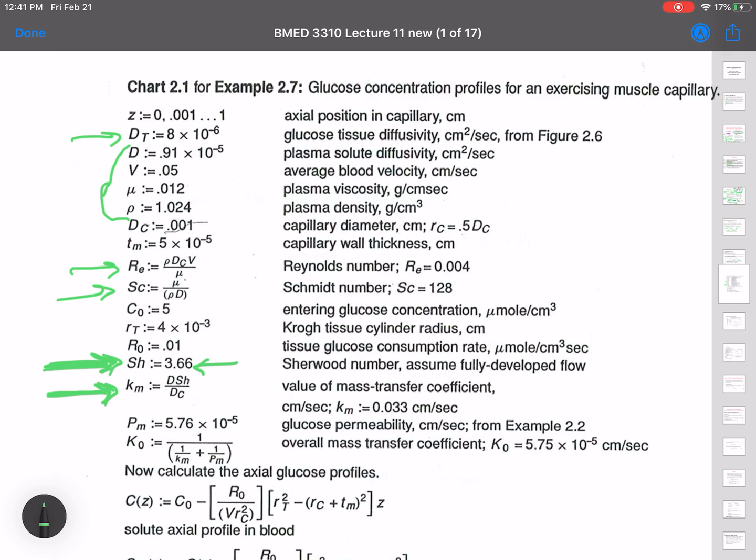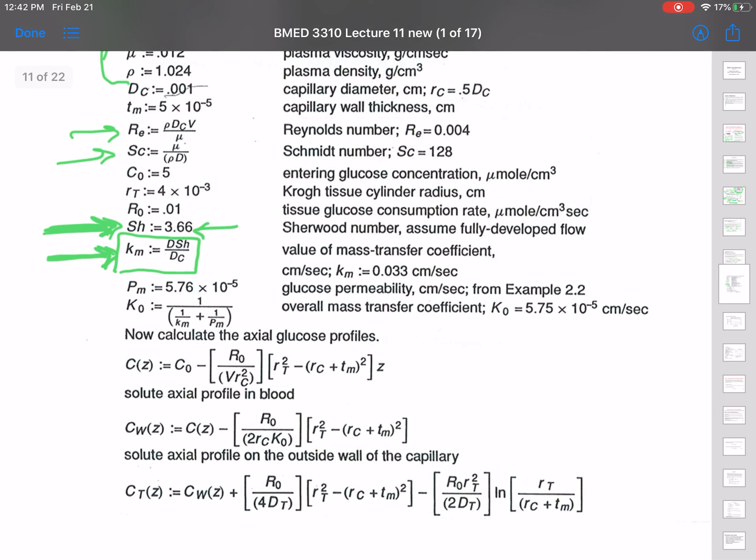Once you know the Sherwood number, we're going to multiply it times the diffusivity and divide by the diameter to get the mass transfer coefficient. She's giving you the permeability, and so now you can find the overall mass transfer coefficient. This comment, by the way, relates to that.